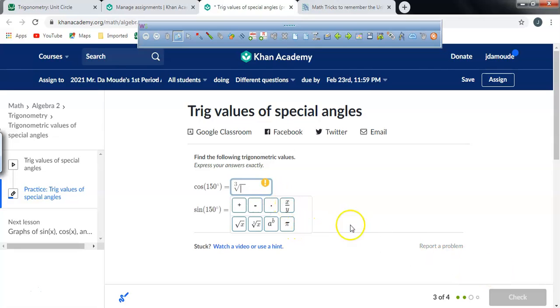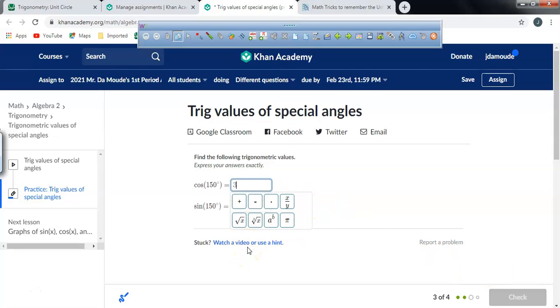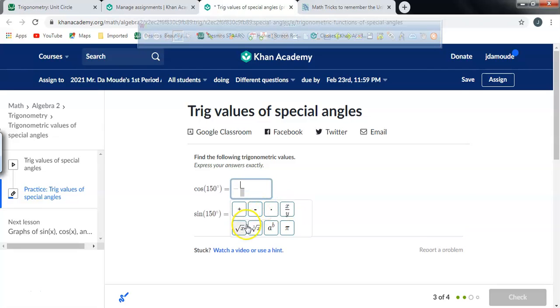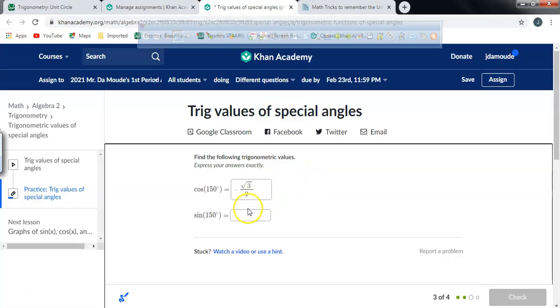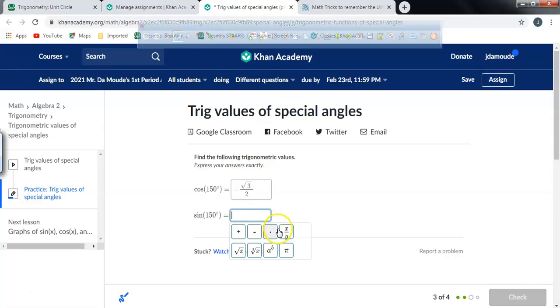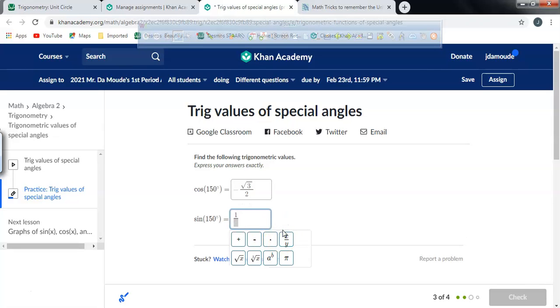Oh, not that. Delete that. Why is that not clicking? There we go. Radical 3 over 2. And 1 over 2.